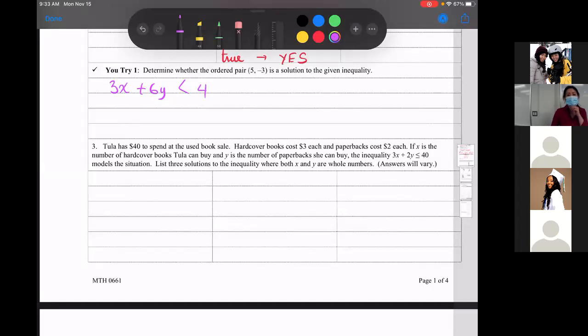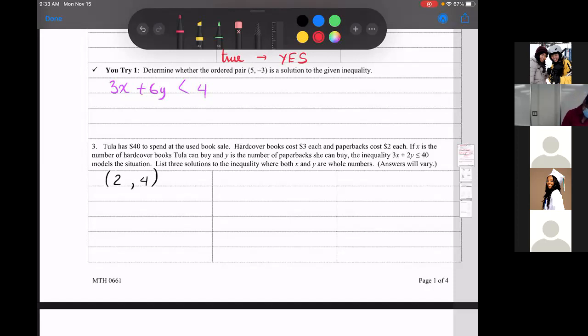Answers will vary, meaning everybody can pick different points, as long as it has to be what? Less than or equal to 40. Right? So someone tell me, what would you pick for the first point? The sum, when you plug in X and Y for the left-hand side, has to be less than or equal to 40. 2 and 4, thank you.